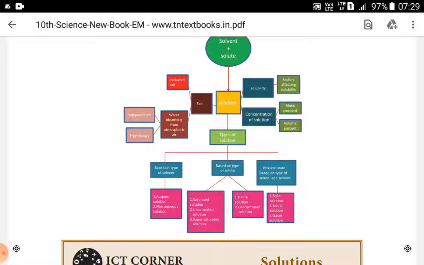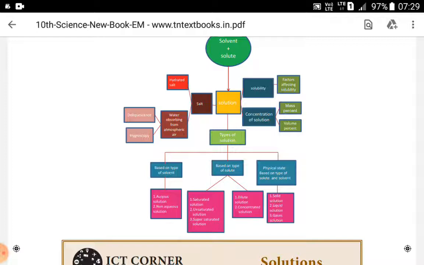I welcome you all to revise the remaining part of types of chemical reaction, Unit 10, chemistry portion in your science book. Already we have learned that chemistry means chemical reaction.